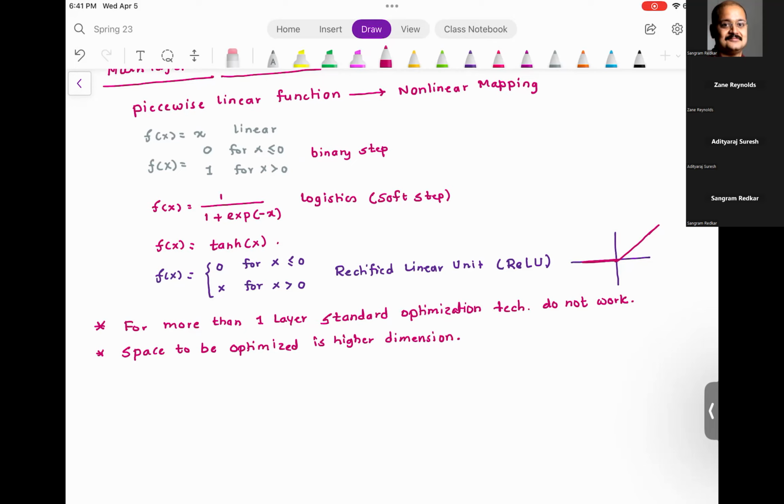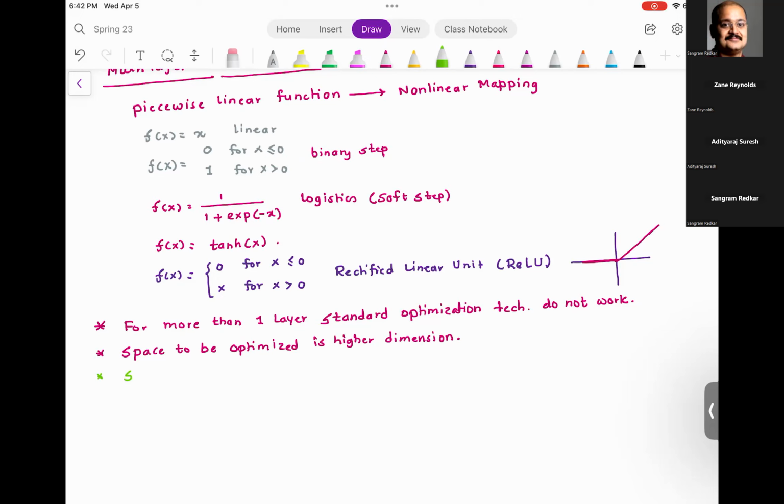And what we need to do is use some type of numerical technique. For numerical techniques, there are two important optimization components.